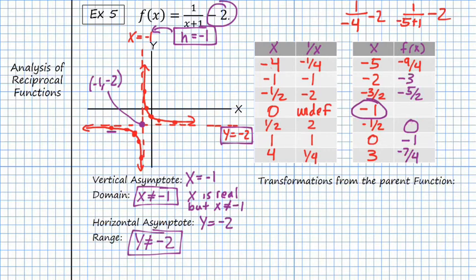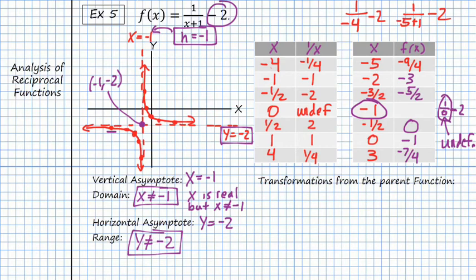All right, so what we see is that our table now has a lot more fractions on it. It also has some other interesting facts to it. But what I want to focus on right now is this -1. So when I plug it in, I get 1 over -1 plus 1. So that's 1 over 0 minus 2. But the problem is this 1 over 0 is undefined. So I don't know where this number is starting, so I can't subtract 2 from it. 1 divided by 0 is not a number, so I can't actually graph it.